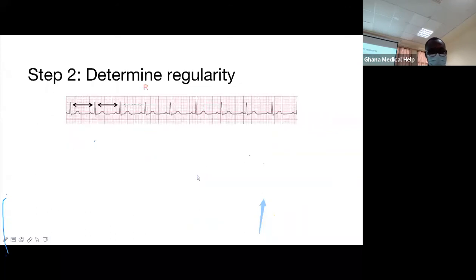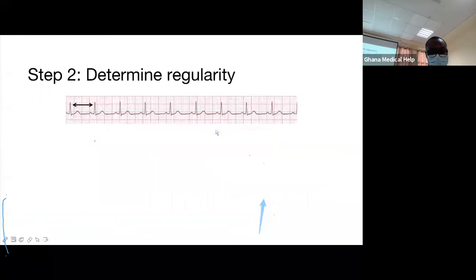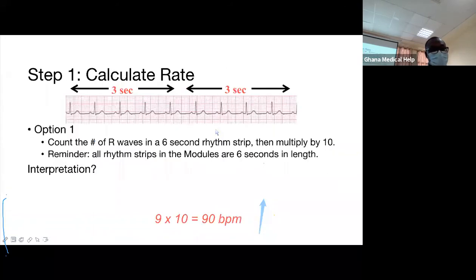You find an R wave that lands on usually a thick line, and then you trace it to the next R wave. Then you count the number of big boxes in between one R wave and the next, and you divide 300 by that. The thing is that with this particular method, you need to be sure that the rhythm or the ECG is a regular one. Those that are not regular, this first option would be a better way to calculate.